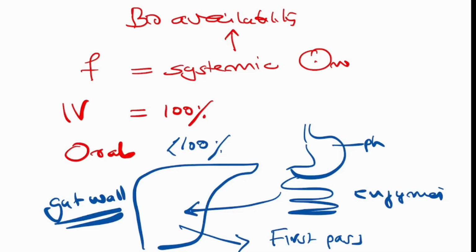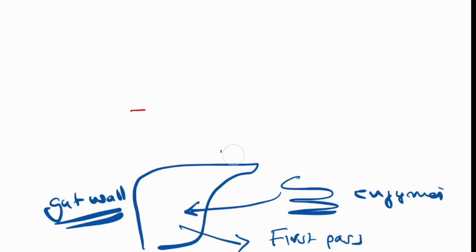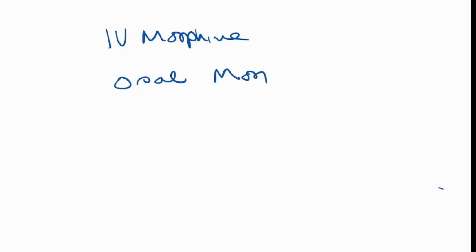Hope this point is clear. So we take two scenarios. One patient is given IV morphine and another is given oral morphine. Which has higher bioavailability? Of course, it is IV morphine, 100%.